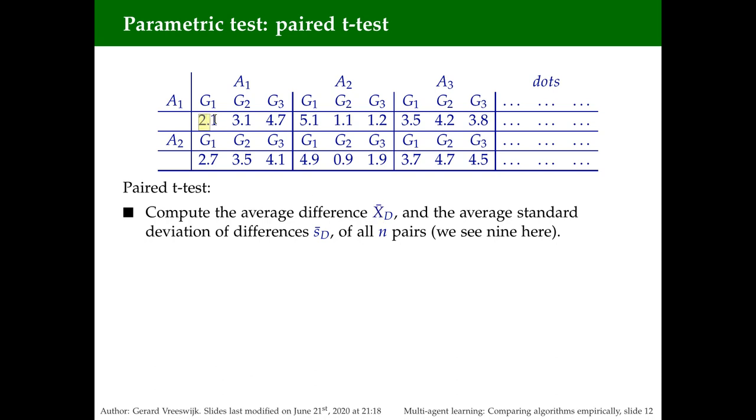So the difference between this one is 0.6, and between this value and this value is 0.4, and you take the average of all differences and the average standard deviation of differences of all those n pairs, of which we see 9 here.